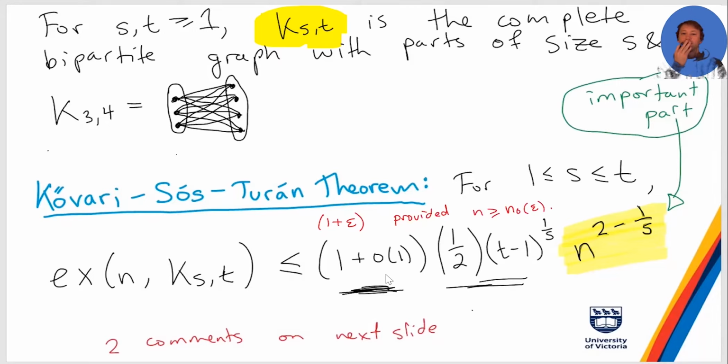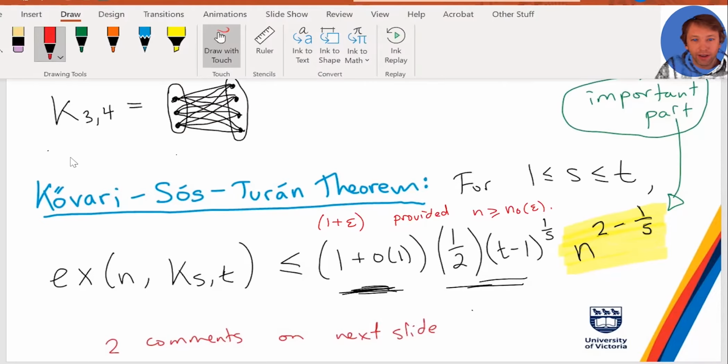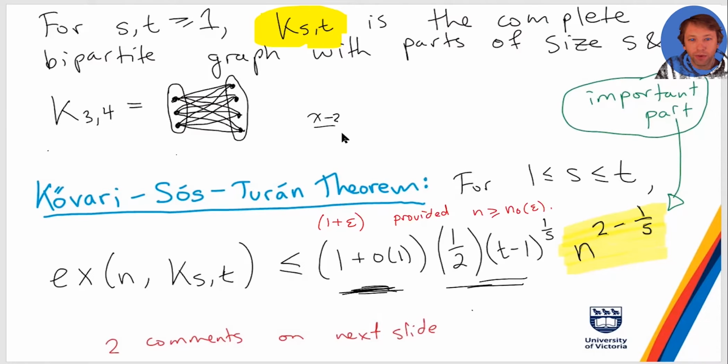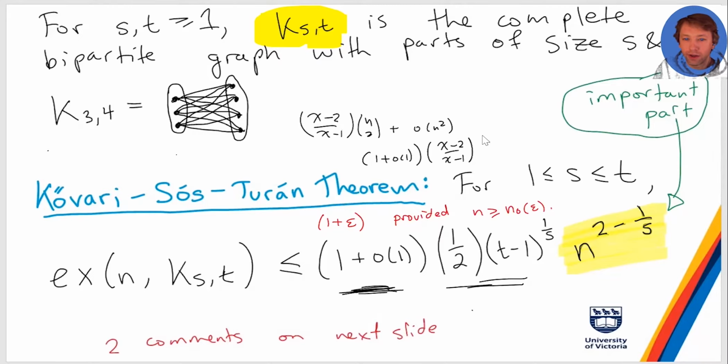Hopefully we'll see how this manifests in the proof. In Erdős–Stone we had (χ − 2)/(χ − 1) times n choose 2 plus little o of n squared, which I could have written as 1 plus little o(1) times that; it's just a different way of writing the same thing.